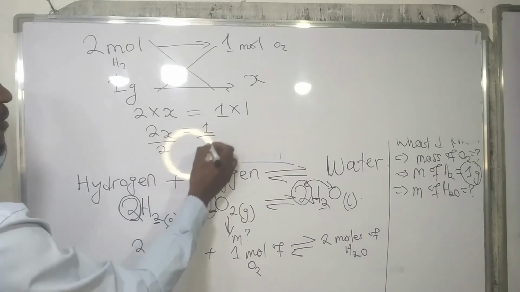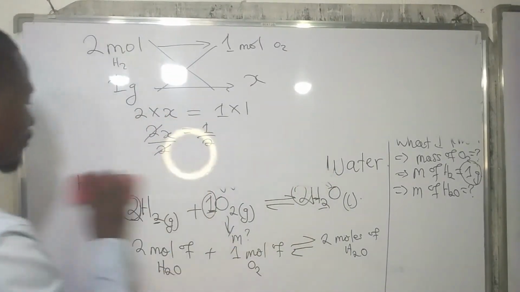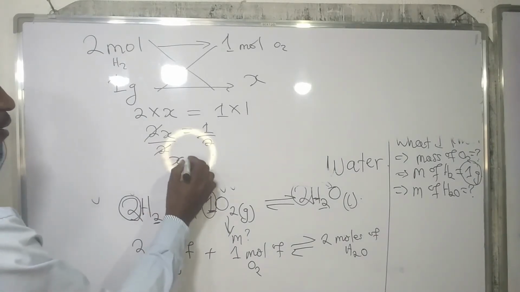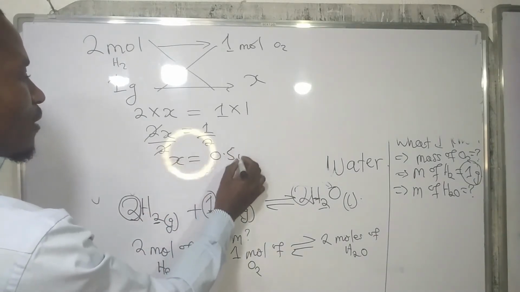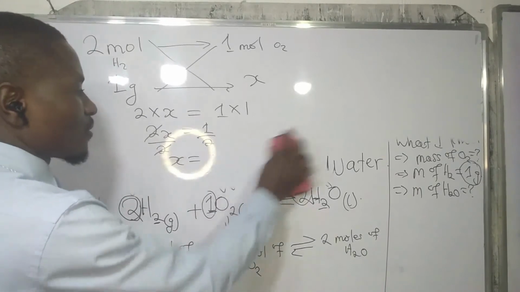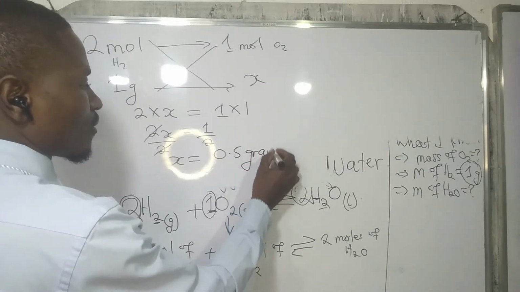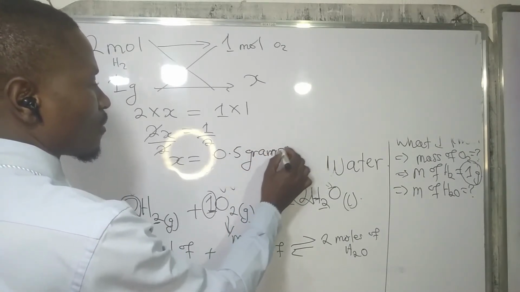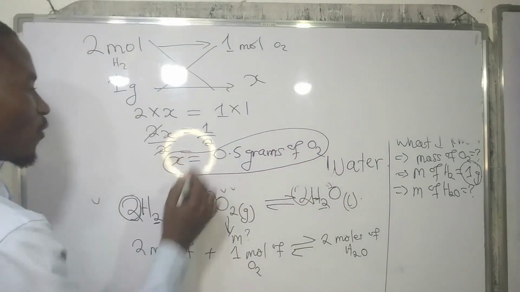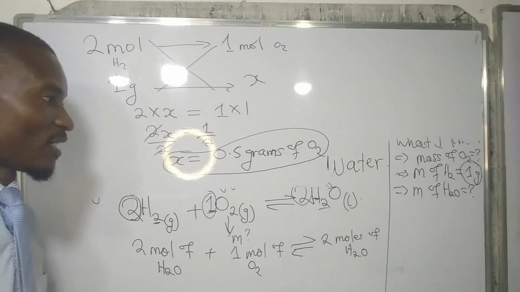Then divide both sides, and this is going to give us x equals 0.5 grams of oxygen. So this is the mass of oxygen that we can use if we are using the mass of hydrogen as 1 gram.